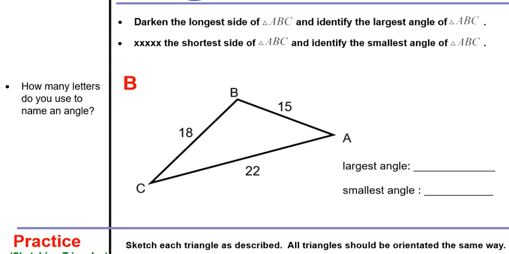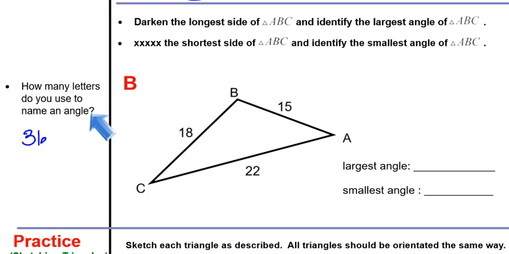All right, I'm going to jump ahead, and I will catch up with you on question B. For question B, they want us to darken the longest side of triangle ABC and identify the largest angle of ABC, and then we are going to put X's on the shortest side and identify the smallest angle. So in this question, remember that we are naming angles, and the question here on the side, just a reminder, says, how many letters do you use to name an angle?